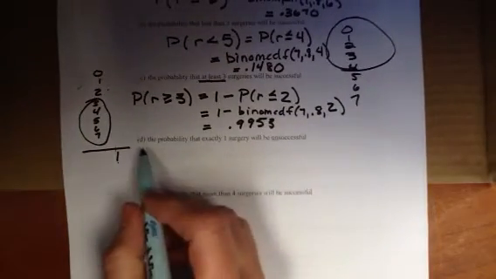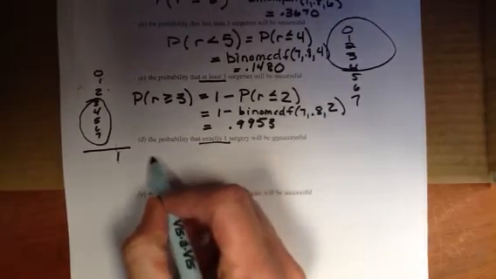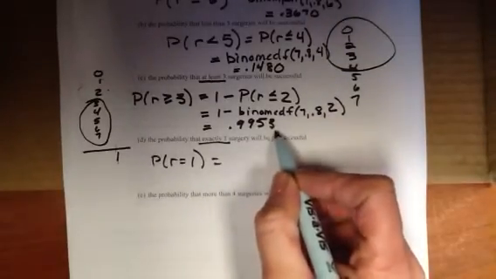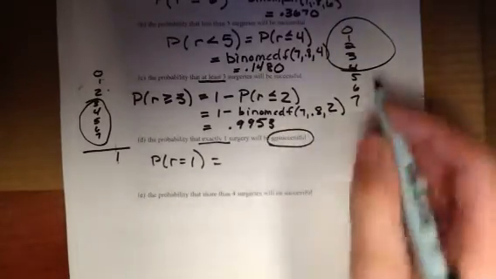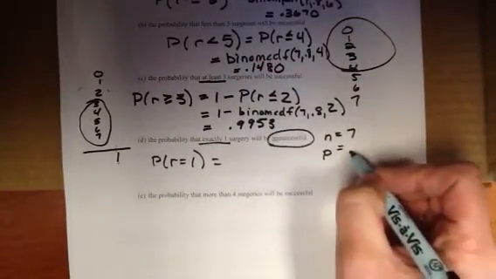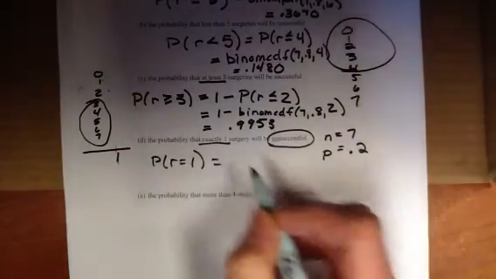Now when we look at part D here, it says the probability that exactly 1, so we know that's the probability that R equals 1, exactly 1, will be unsuccessful. So the difference here is N is still 7, but P, instead of being 0.8, becomes 0.2 because we're looking for unsuccessful.